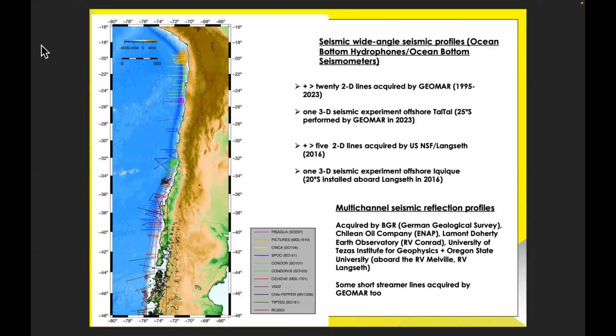It was when the Conrad was going to map and image the triple junction, because it had to be imaged before the ODP went there in 1991 or so. I don't recall exactly. So during the same cruise, previously, the Conrad acquired those seismic lines. That is the story.